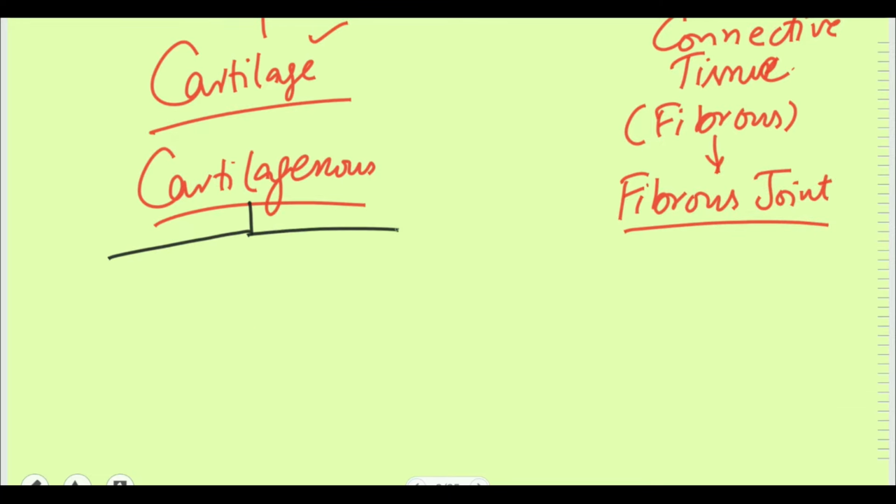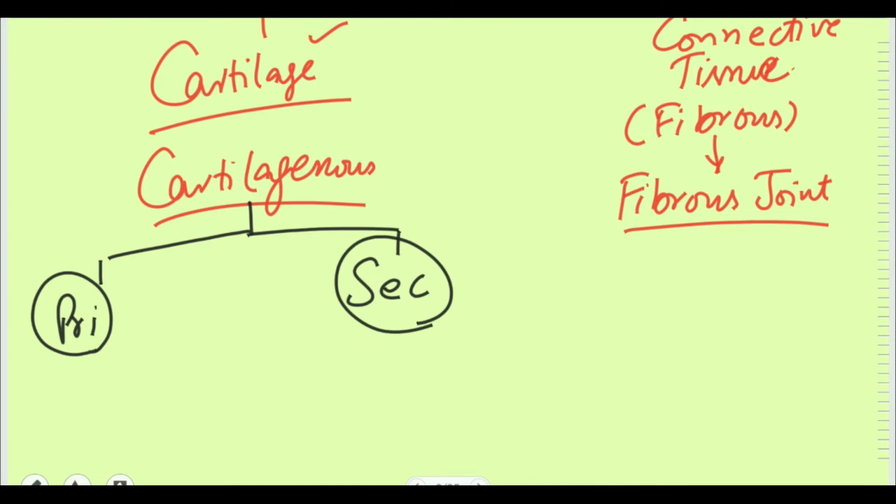A cartilaginous joint can be a primary cartilaginous joint or a secondary cartilaginous joint. The primary cartilaginous joint is also known as synchondrosis, and the secondary cartilaginous joint is also known as symphysis.